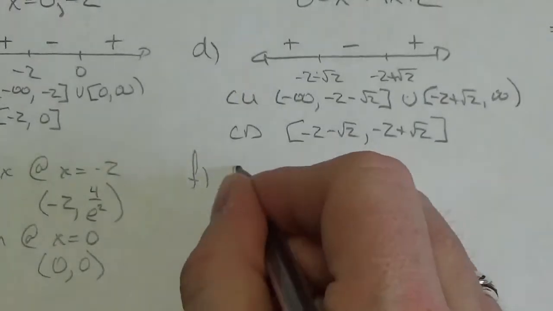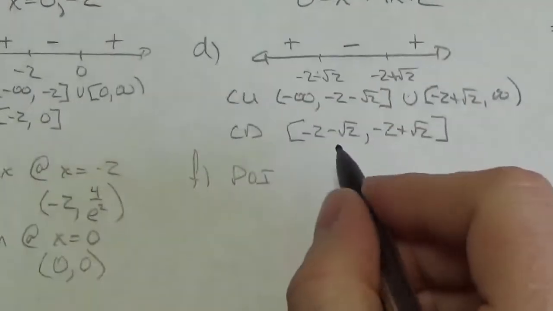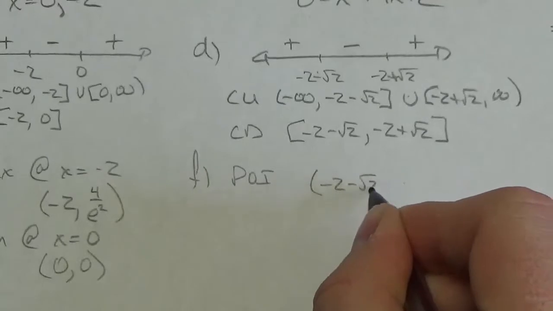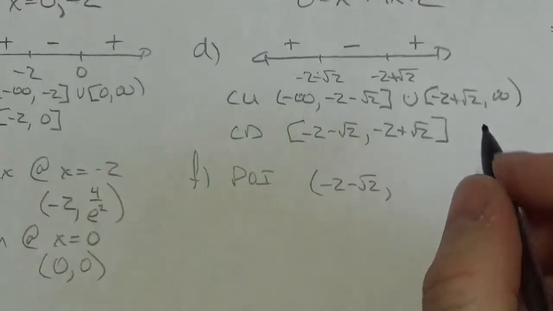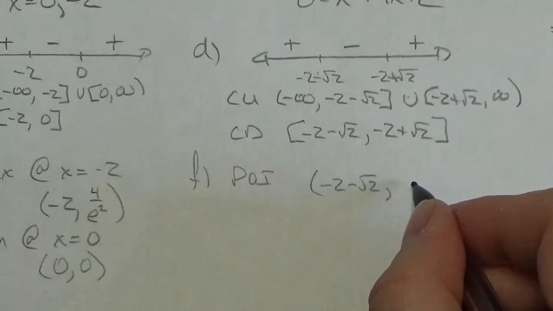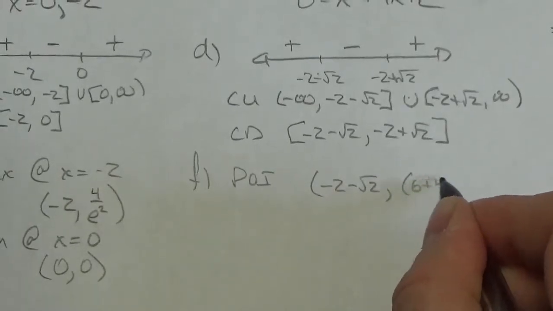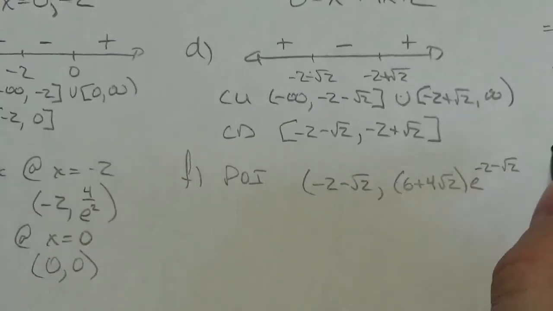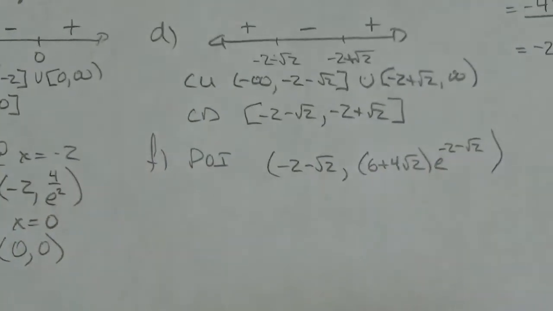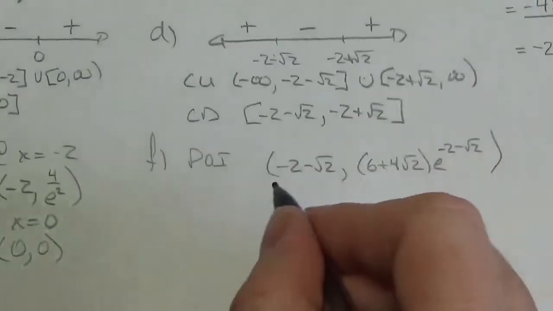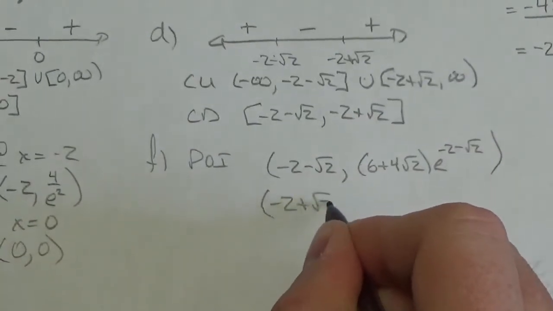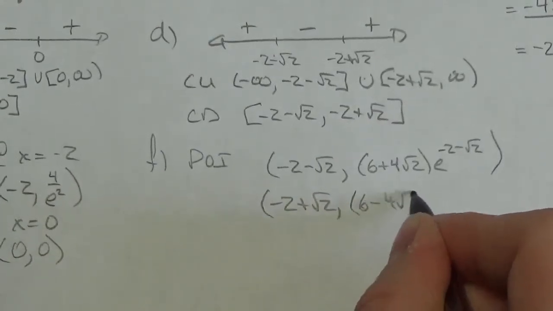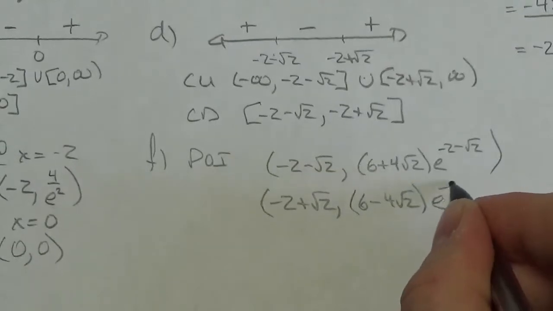That seems a little cruel, because if you throw those in exact form, we're going to have negative 2 minus root 2 comma, I've got it up here, 6 plus 4 root 2 multiplied by e to the negative 2 minus root 2, which is a little intimidating. But anyway, whatever. Negative 2 plus root 2 is going to be similar, but 6 minus 4 root 2 times e to the negative 2 plus root 2.